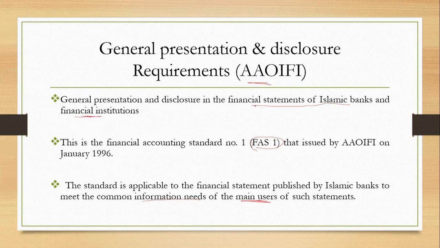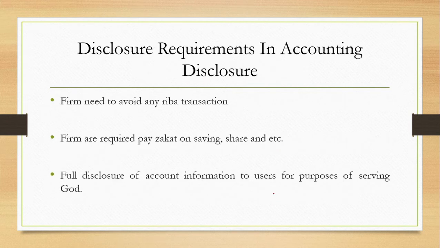Okay, next. Here we want to look at what is the requirement for the Islamic Bank to disclose according to IFI. The disclosure requirement in accounting disclosure. So, in terms of IFI, the firm needs to avoid any riba transaction.